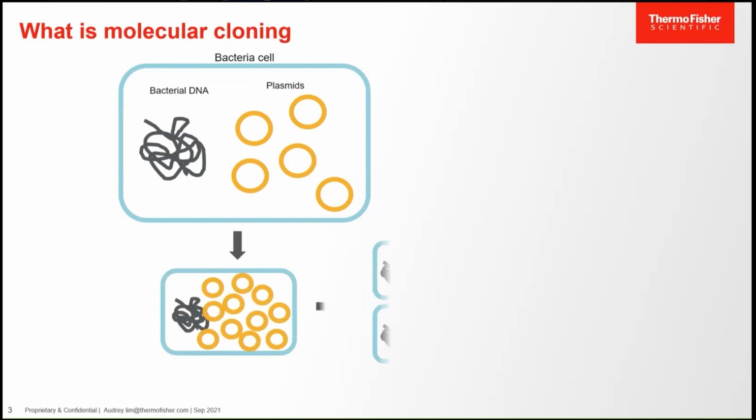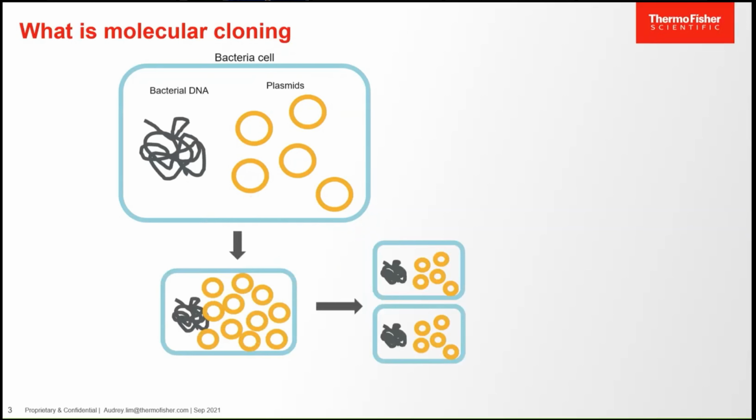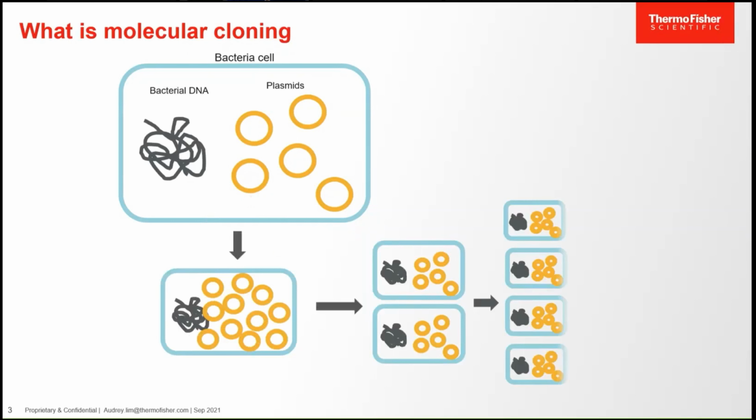Over the time, this plasmid will multiply within the same bacterial cell. Then when the bacterial cell divides, the plasmids are randomly split into each of the daughter cells. And as the daughter cells continue to divide, you will get more and more copies of this plasmid.